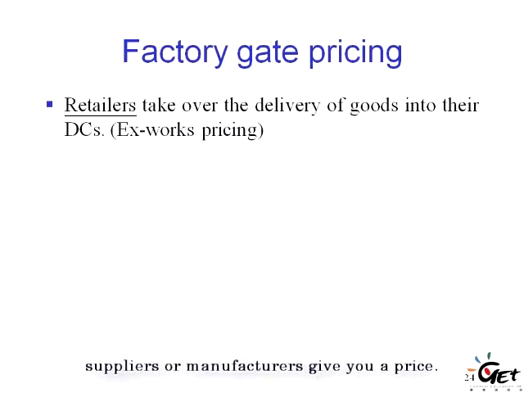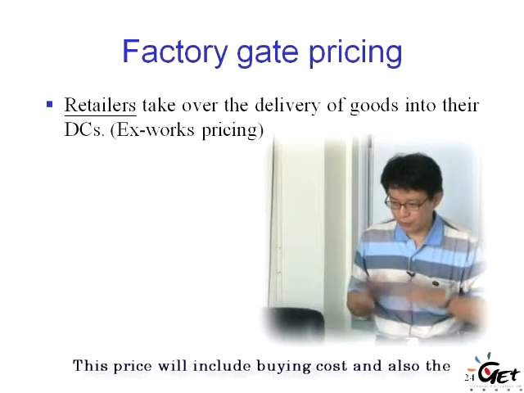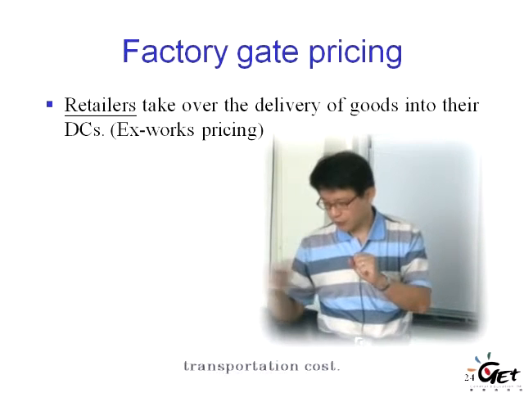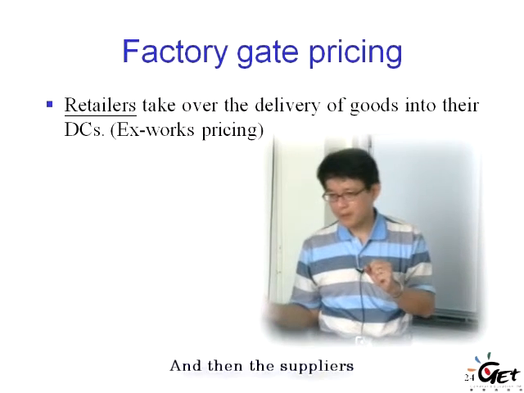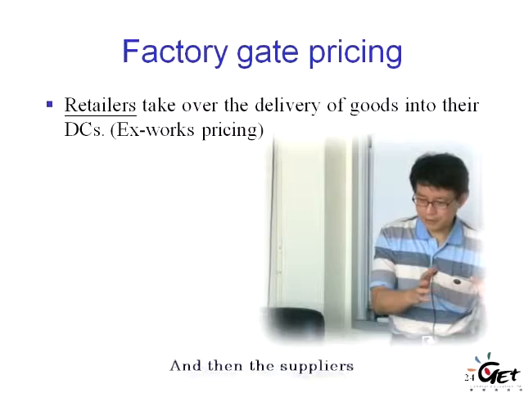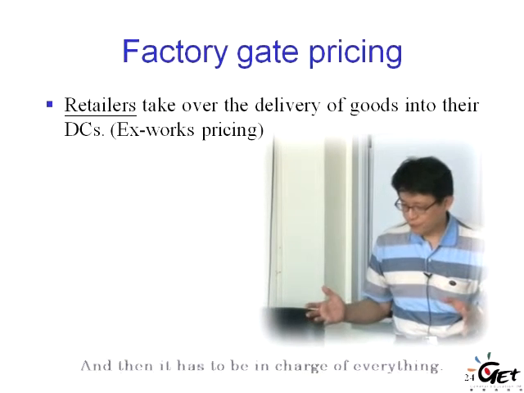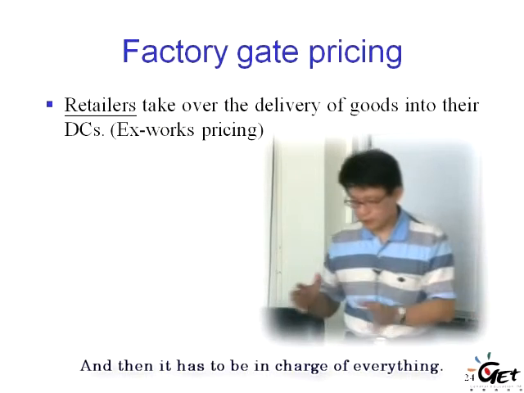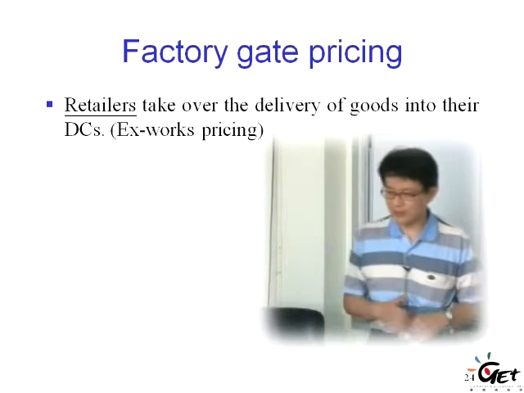Previously, for suppliers or manufacturers, the price would include the buying cost and also the delivery and transportation cost. The suppliers arranged the delivery for you and were in charge of everything, the arrangement, everything.